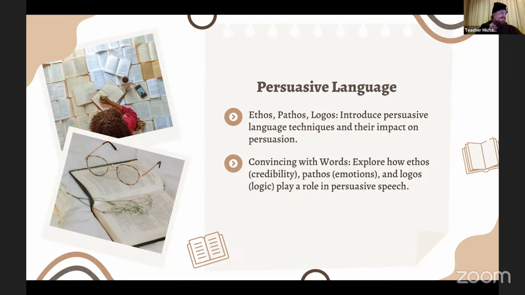If you can get them to see you as trustworthy, knowledgeable, and honest, then you're going to put into your audience the thought of, I trust this person, I want to listen to what they say, and I want to believe what they say. So that's a very important thing to do to be able to write a good speech.